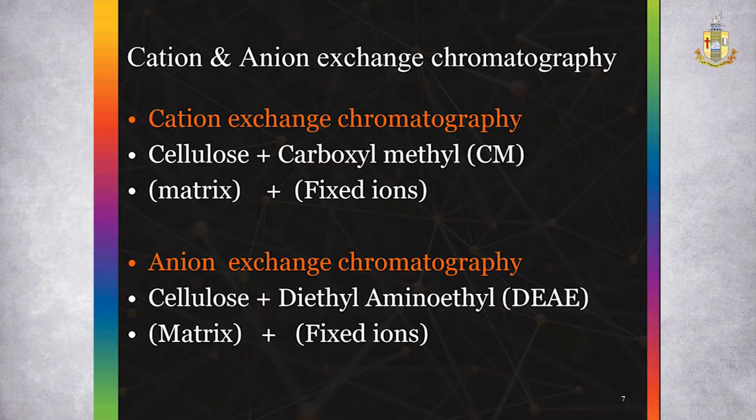You know that opposite charges attract each other. The cations are positive, so we add negatively charged fixed ions, such as carboxyl, carboxymethyl, sulfo, sulfomethyl, etc. Anion exchange chromatography is used to separate negative ions. The anions are negatively charged, so we add positively charged fixed ions, that is diethylaminoethyl.